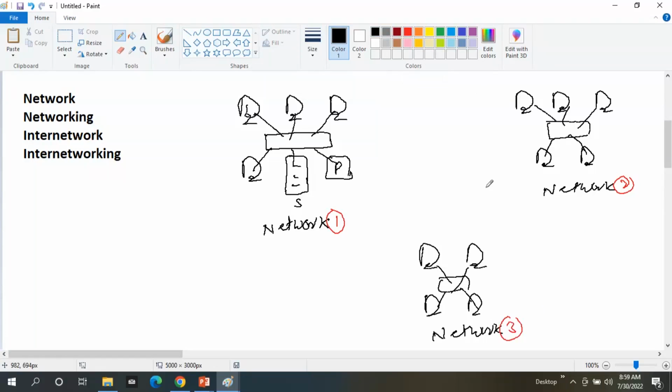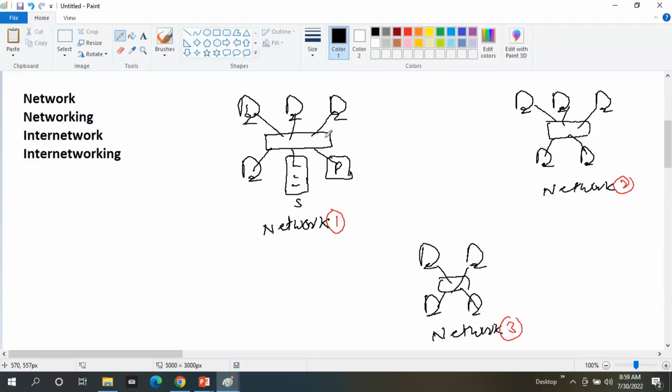Out of three networks, which network's users can access the server? Which network's users can access the printer? Network 3 users, network 2 users, or network 1 users? Only network 1 users can access the server and the printer, because the resources are available in network 1.